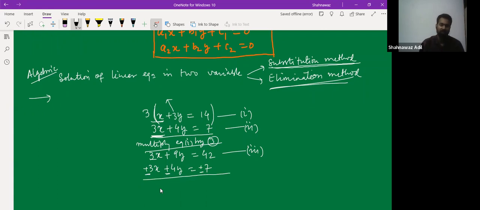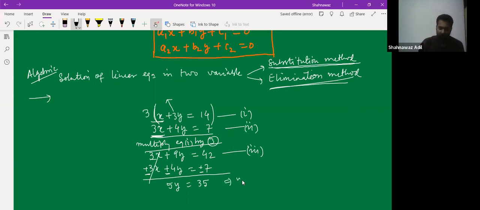Now subtract those. So 3x minus 3x will be what? Cancel, right? 9y minus 4y will be 5y, and 42 minus 7 will be how much? 35, right?